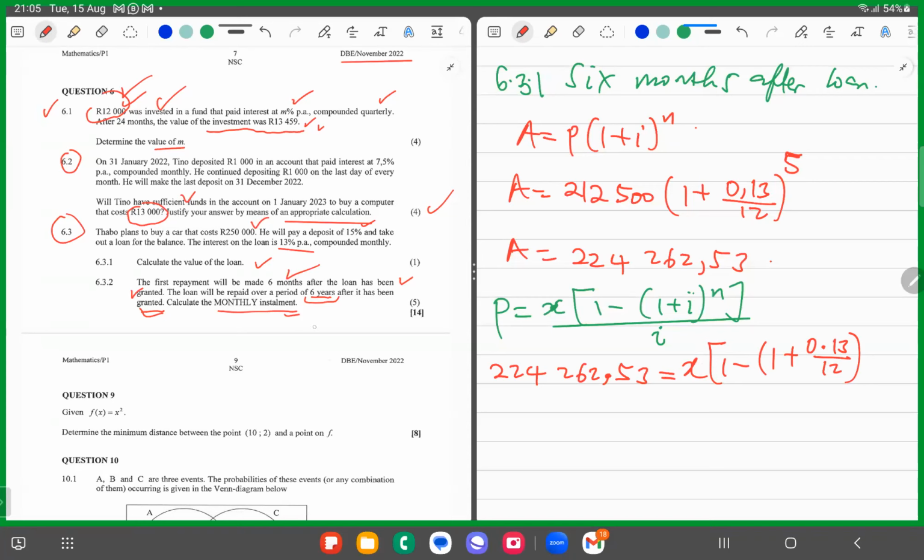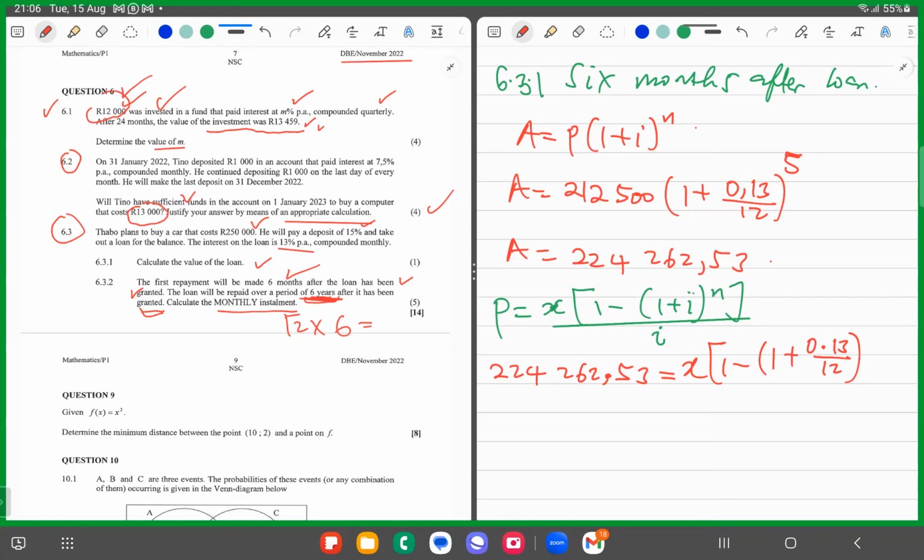remember that the loan will be repaid over a period of 6 years. So 6 years is how many months? So you must say 12 by 6. So what is 12 by 6? Can you easily get that one?